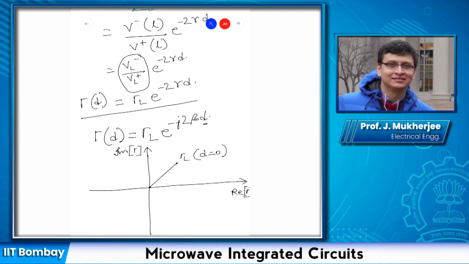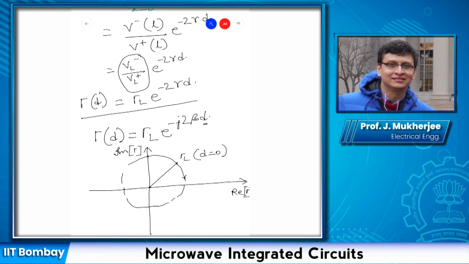Now as my D increases, the phase becomes more negative. So negative phase means the locus that will be traced as D increases will be along a circle, okay.